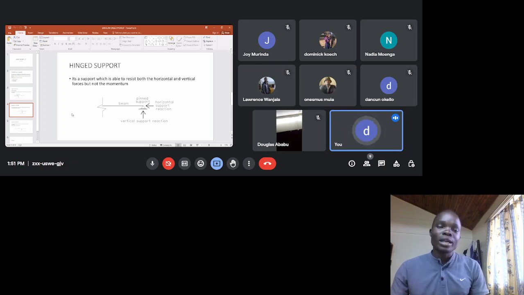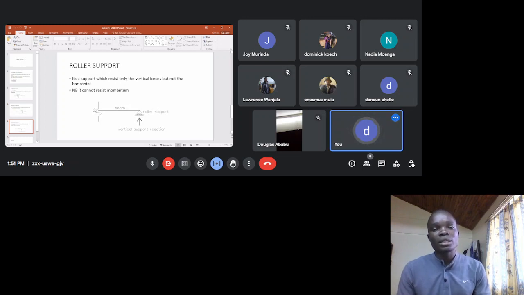That is the diagram of the hinge support. You see, we have the vertical support reaction, then we have the horizontal support reaction, which is not there in the roller support.